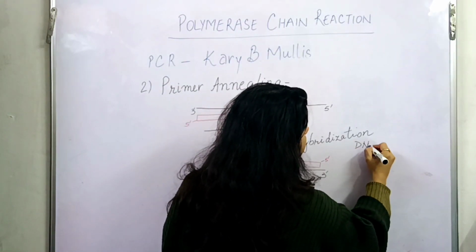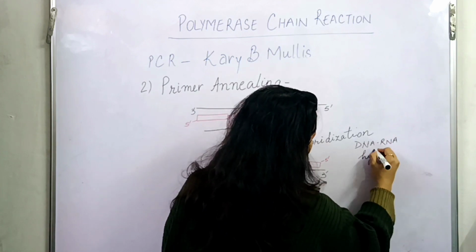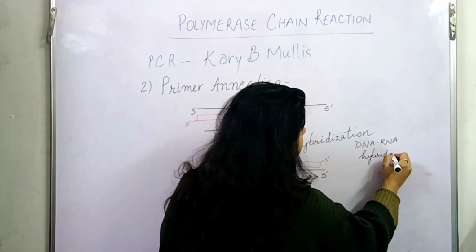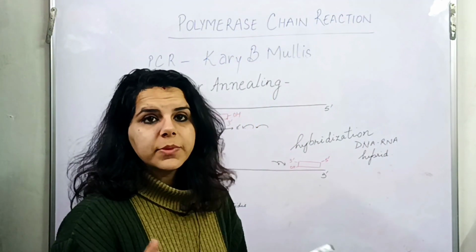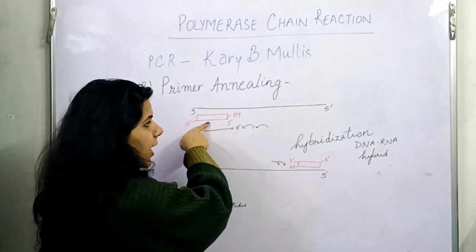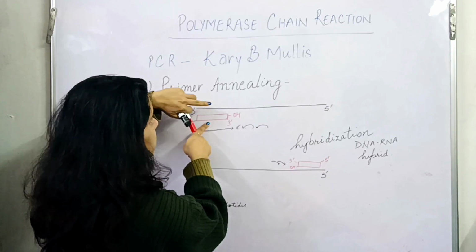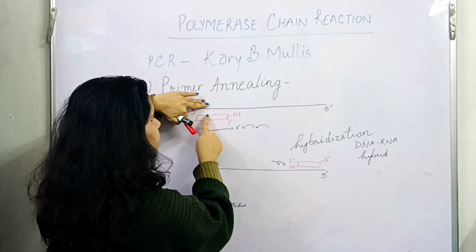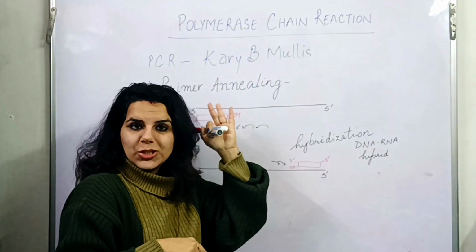Because of the formation of the DNA and RNA hybrid during this step, it is called hybridization. Now this is the RNA and this black color is the DNA. This DNA hybridizes with this particular RNA, hence the name hybridization, right?